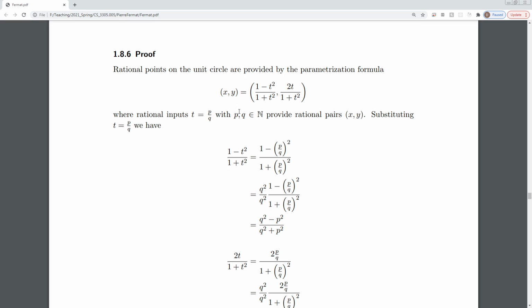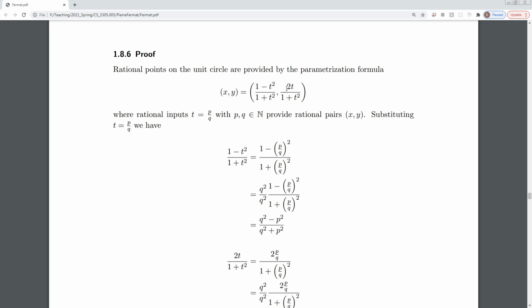Okay, so to get the rational points on the circle, we rely on the parametrization formula, which should already look a lot like Euclid's formula for generating Pythagorean triples. But the parametrization we'll use to get both the algebraic points, which are interesting to us, and right now the rational points.